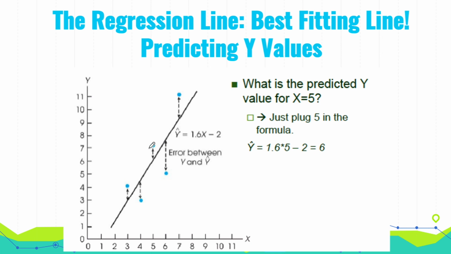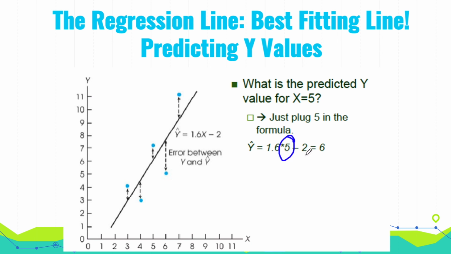That was our observed plot point. However, we want to know what the predicted y value is. All we have to do is plug into our formula. Here, our best fit line is that y equals 1.6x minus 2. So here, I will just put in the value for x equals 5.